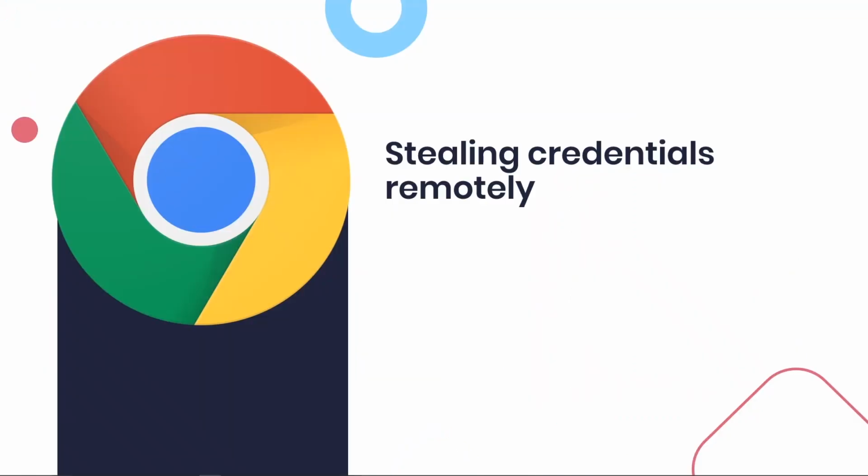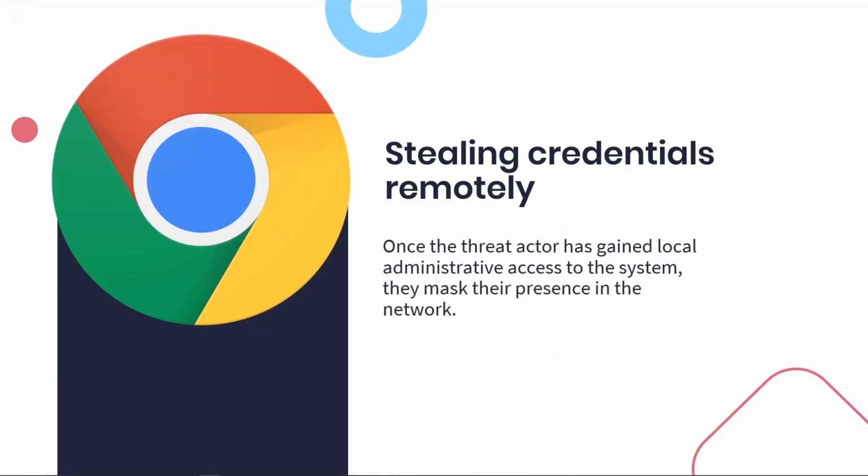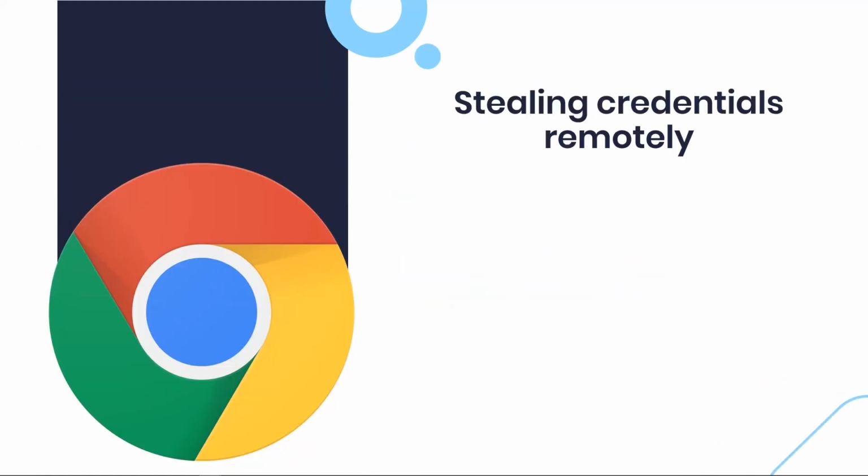Once the attacker has gained local administrative access to the system, they can mask their presence in the network, hiding from the legitimate local administrator. This would happen in the case of credential theft, when a threat actor harvests credentials from the Chrome browser. The threat actor actively monitors the victim's network, but uses automated tools to evade geo-infeasible login detection.